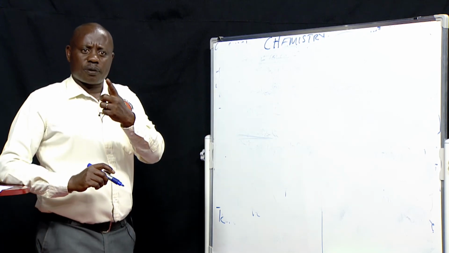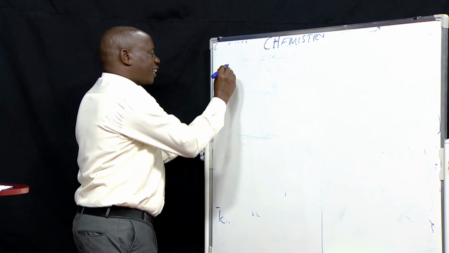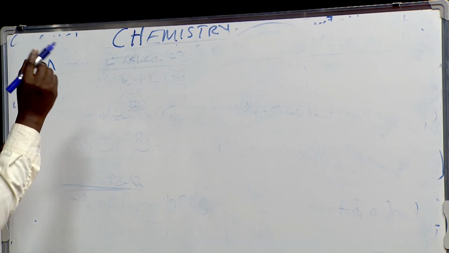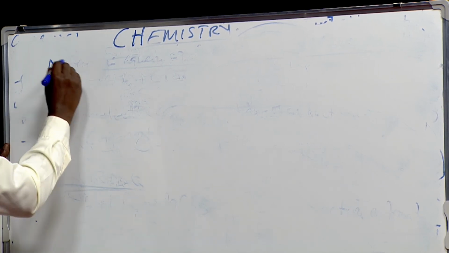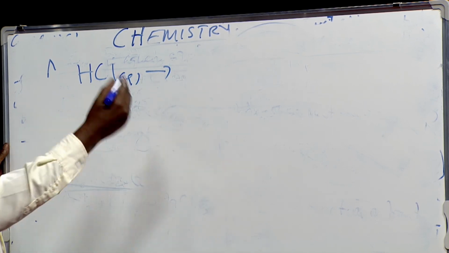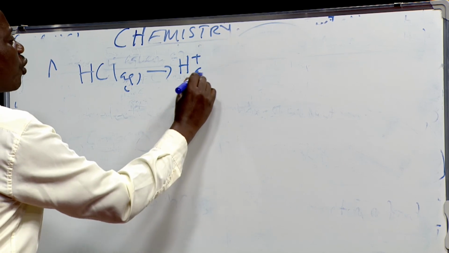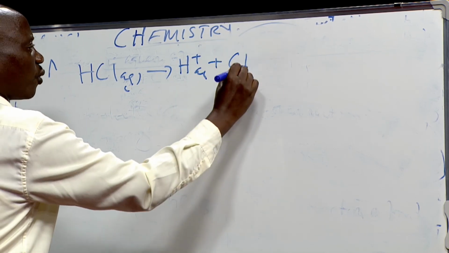The answer is simple, and we have talked about it. We said, and I repeat, this is almost the third time, in aqueous solution, the water enhances the ionization of hydrogen chloride to form hydrogen ions and chloride ions.